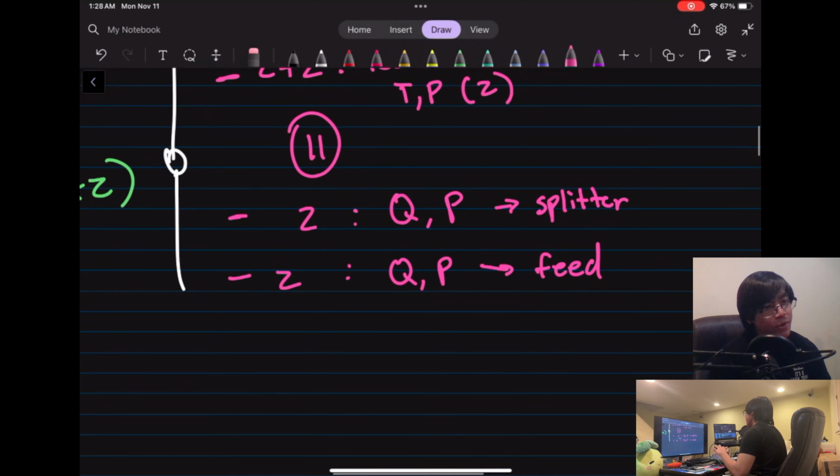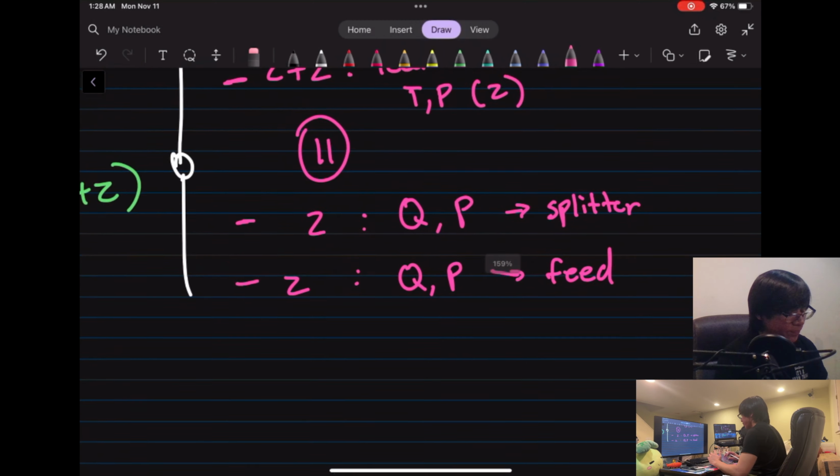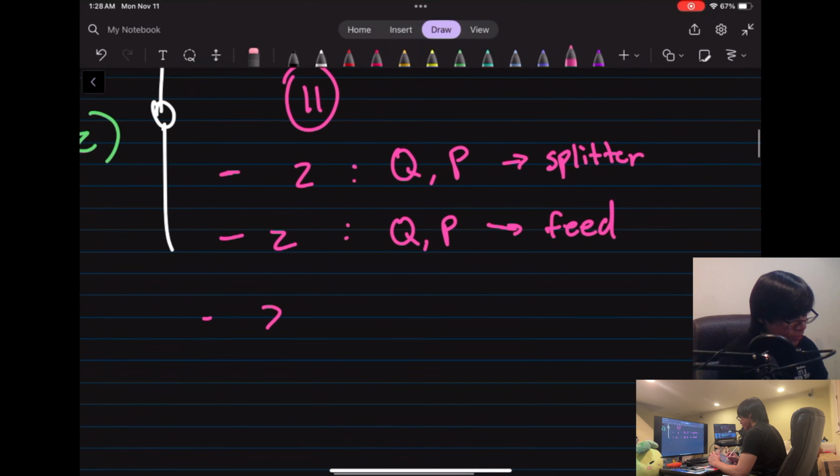So it's more the heating component. What temperature are we trying to achieve, or not temperature, I'm sorry, the heating power associated with that stage is more correct. Okay, so we have splitter, feed, and then we have 2, but not for condenser and reboiler separately.